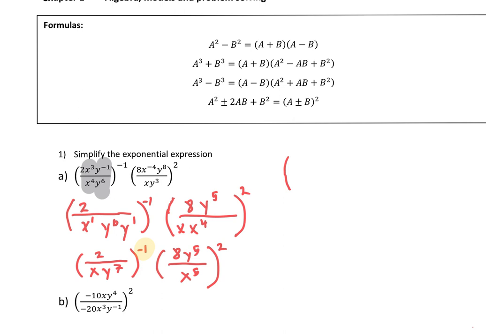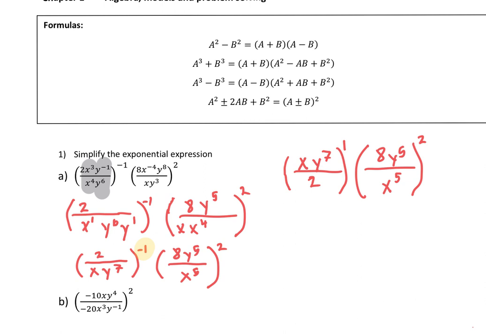So we have here the 2 in the denominator and the x y to the 7th in the numerator. What that does is it changes the negative exponent to a positive exponent. So then after we do that, we can distribute any exponents that aren't negative, because there should be no negatives anymore, through to the parentheses.